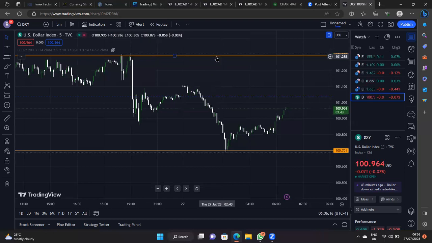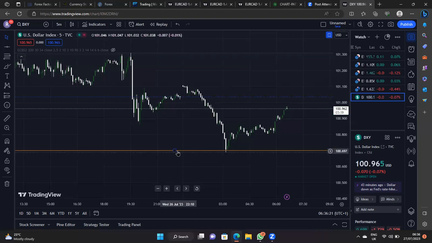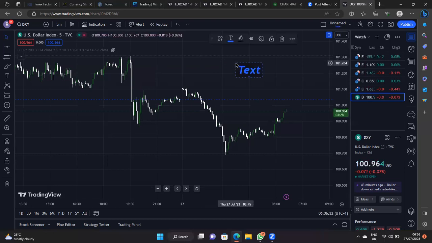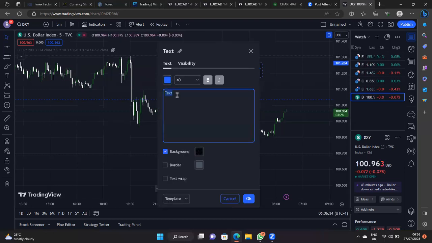So I'll be taking you guys through two major ways to set up your support and resistance. One of the ways is charting. Charting format is one of the ways we will talk about. That's two ways.